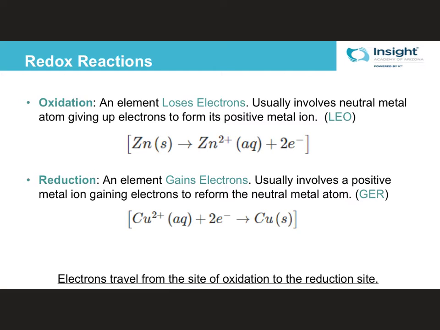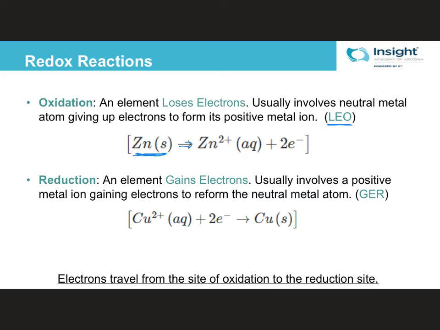You can see in here you've got your zinc solid, and then after the reaction, zinc has a positive ion and has given away 2 electrons. What I use to remember this is the term LEO, like Leo the lion. Lose electrons, oxidation.